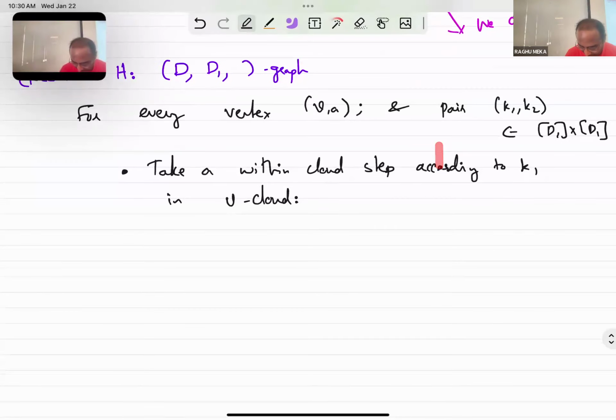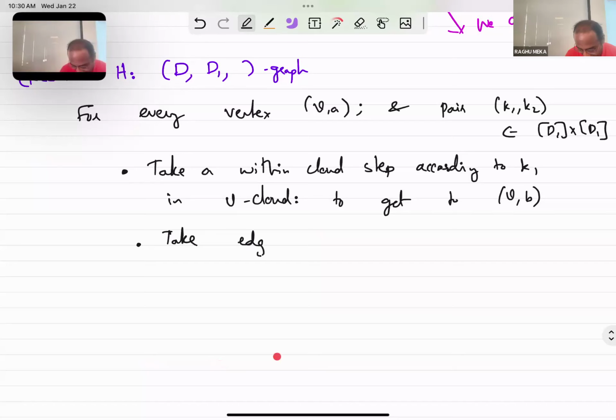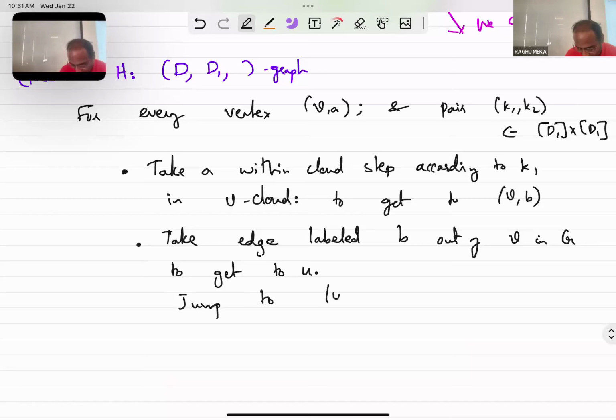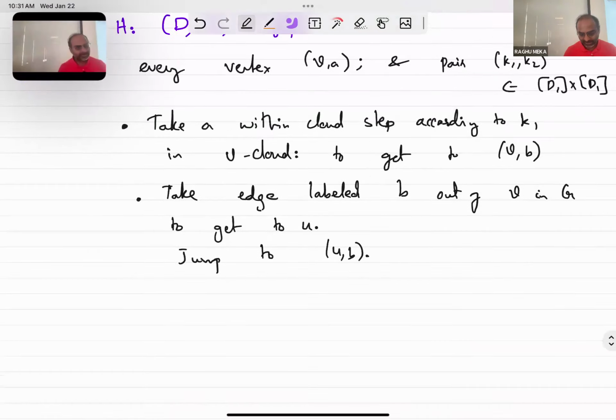Suppose you get to V comma B. Take edge labeled B out of V in G to get to U. So you jump to U comma B, right?